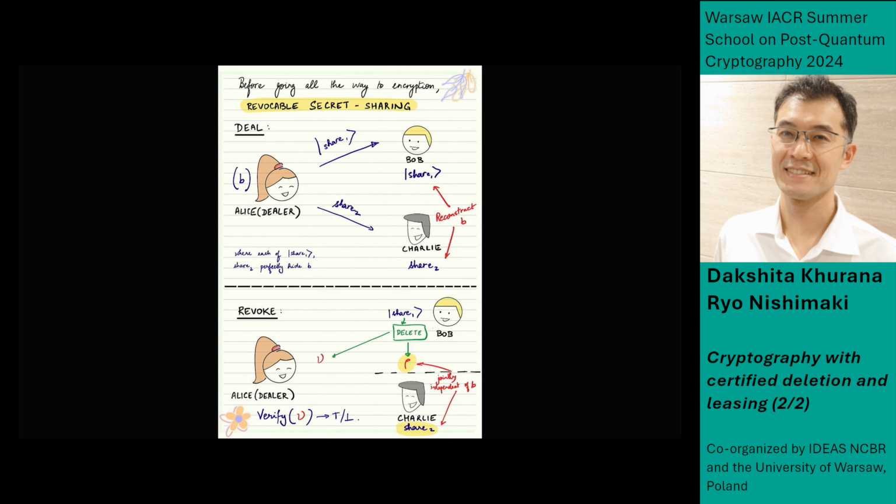Before Bob deletes the quantum share, if Bob and Charlie collude, of course they can recover information B. But after Bob generates a valid certificate, even if they collude, they cannot get information about B.